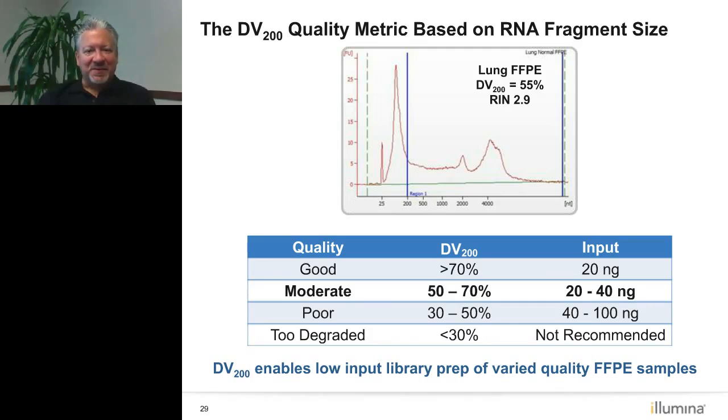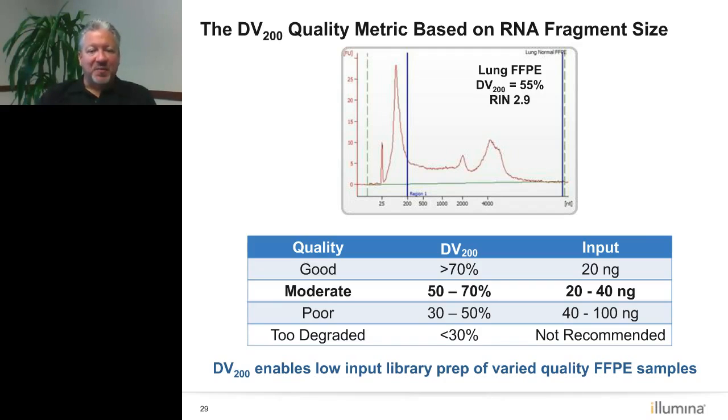In fact, we've gotten, some might say, even overly sophisticated about this. We can now classify samples into very good ones where we'd be very confident that 20 nanograms of FFPE material will work well, to poor samples where I might go up to even 100 nanograms. And another key feature of this QC is that oftentimes we can tell before we even start the library prep or the sequencing process, which are both somewhat expensive.